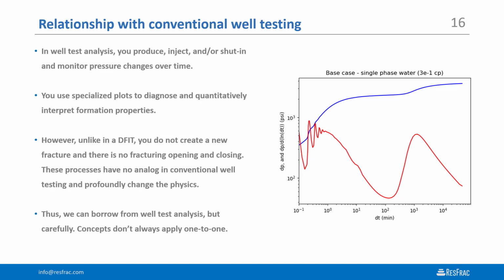You cannot do that in a DFIT, and the reason is that superposition of those constant rate solutions assumes that the problem geometry is stationary over time, but of course in a DFIT, a crack forms over time, the storage coefficient of the fracture well system is very large and changing over time, as is the conductivity of the fracture. Those introduce nonlinearities that violate the underlying assumptions of superposition when applied to a partial differential equation. So that's just an example of how you have to be very careful.